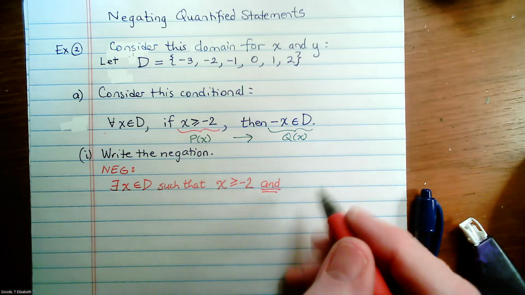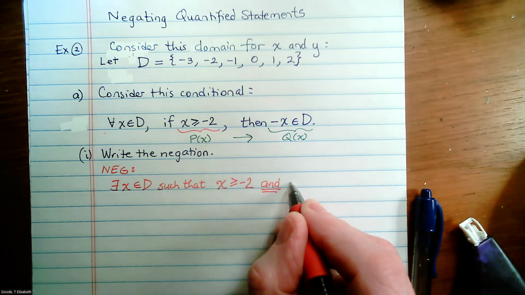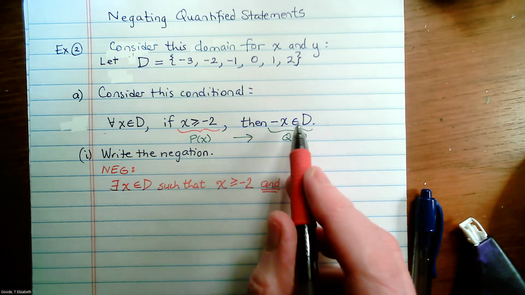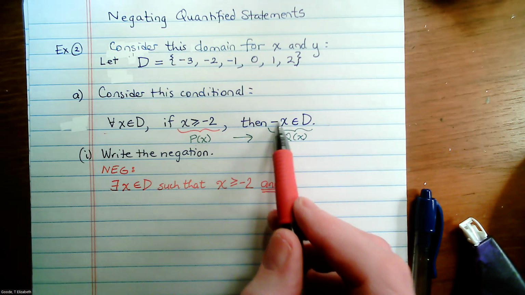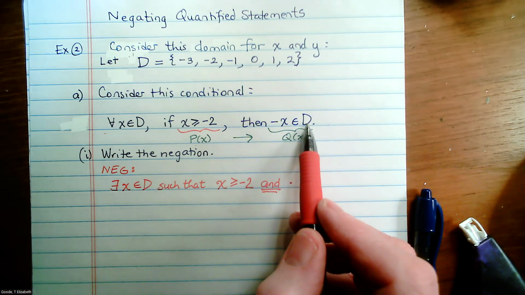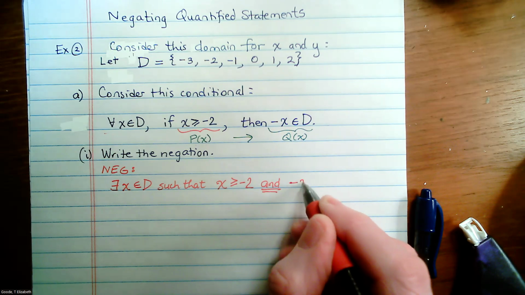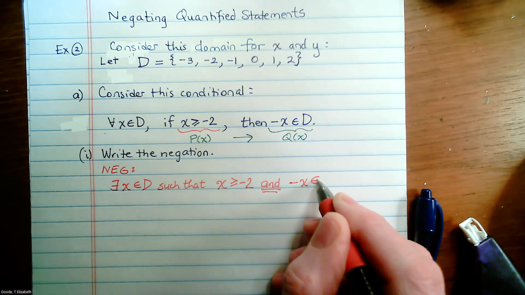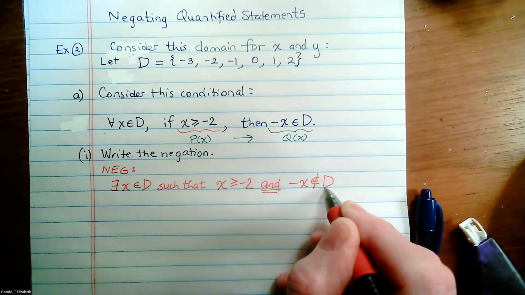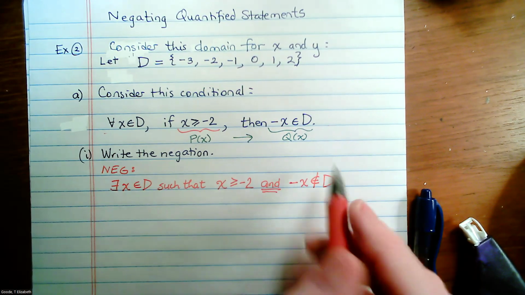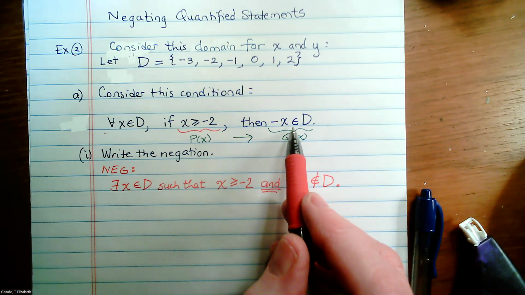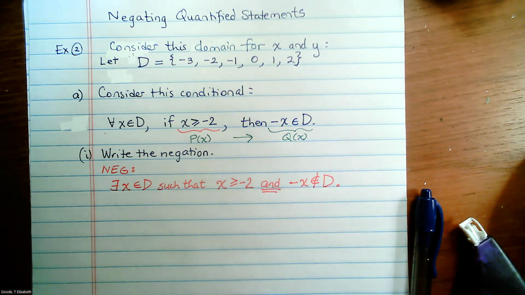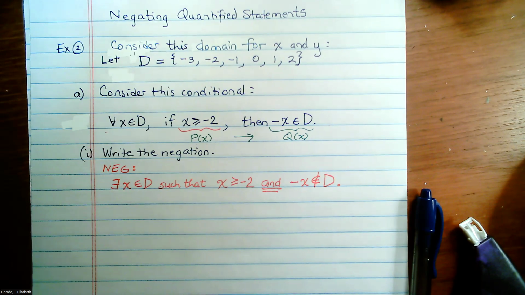So it would be not X is an element of D. I'm trying to think how to say it in just normal language. If it's not true that -X is in D, isn't that what it means? It means that -X is not in D.